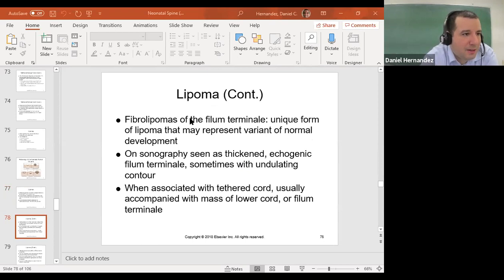A fibrous lipoma of the filum terminale is a unique form of lipoma that may represent a variant of normal development. On sonography it is seen as a thickened echogenic filum terminale, sometimes with an undulating contour. When associated with tethered cord, it is usually accompanied with a mass of the lower cord or filum terminale.